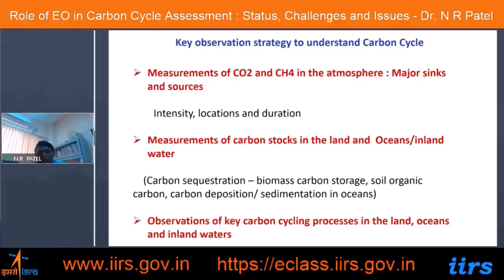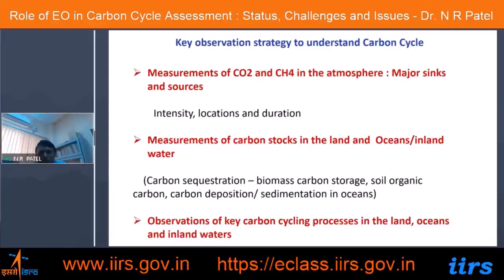Fourth is the observation of key cyclic processes in the land and the inland water. Apart from this sourcing, we need to observe certain carbon cyclic processes, like the different components of the carbon cycle: heterotrophic respiration, erosion, runoff, as well as photosynthesis. We have to measure or observe all of these for constraining different kinds of ecosystem models.